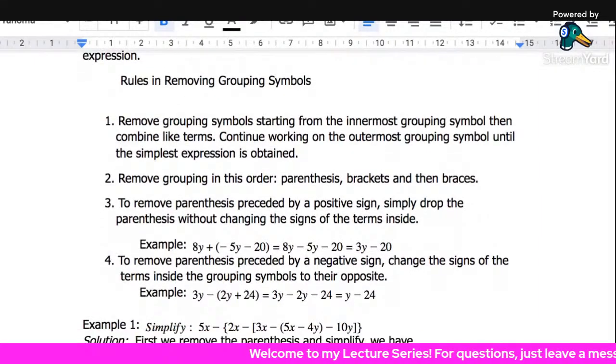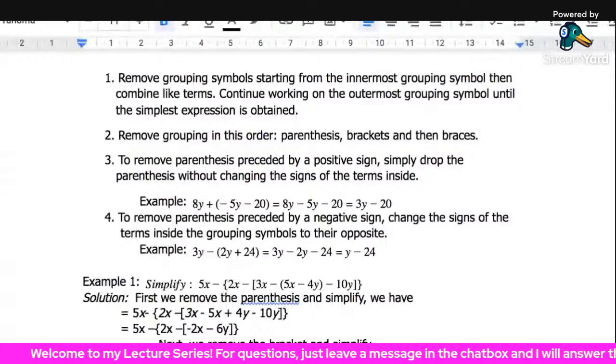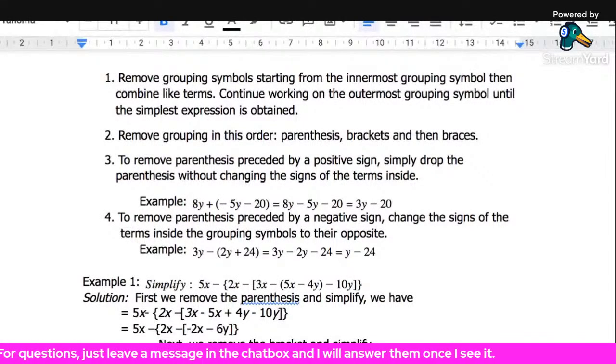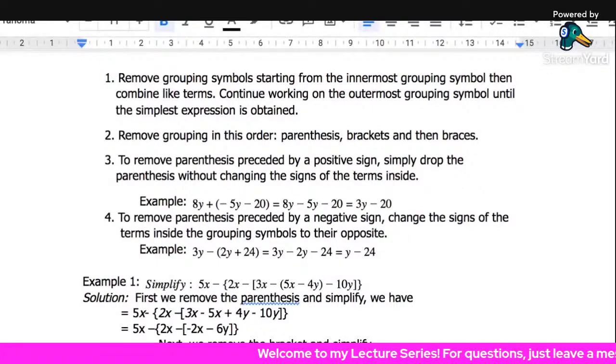The grouping symbols would be parentheses, brackets, or braces. So when removing grouping symbols, this usually is the order. We remove parentheses, brackets, and then braces.